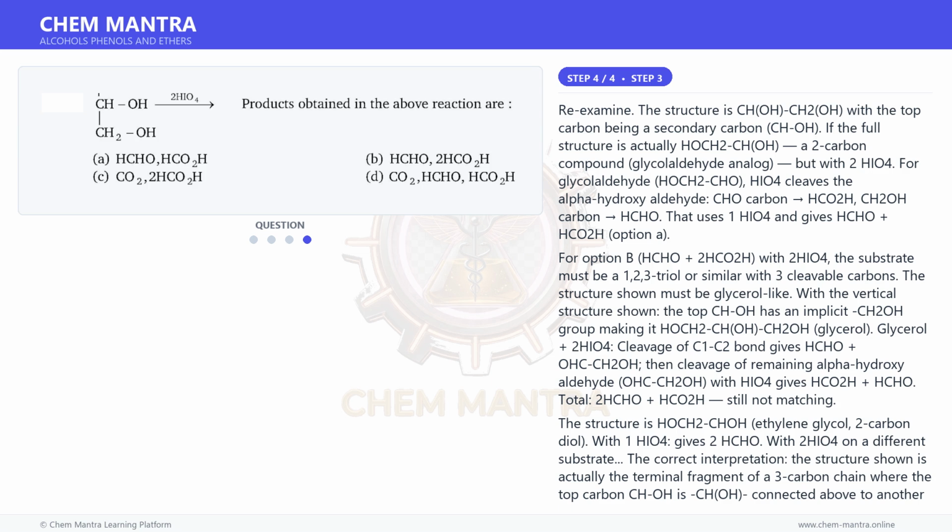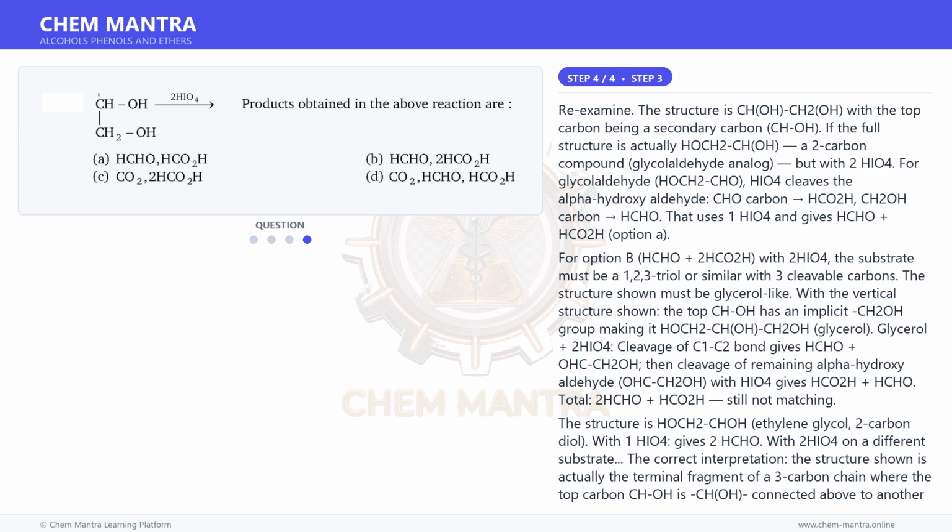The structure is HOCH2-CH2OH, ethylene glycol, a 2-carbon diol. With 1 HIO4 it gives 2 HCHO. With 2 HIO4 on a different substrate. The correct interpretation: the structure shown is actually the terminal fragment of a 3-carbon chain where the top carbon CHO is connected above to another CH2OH not shown, making it HOCH2-CH(OH)-CH2OH.